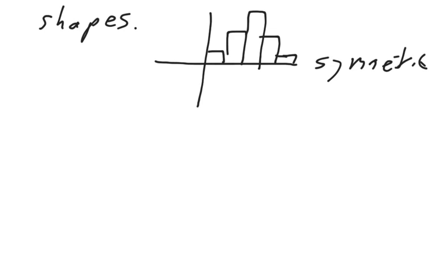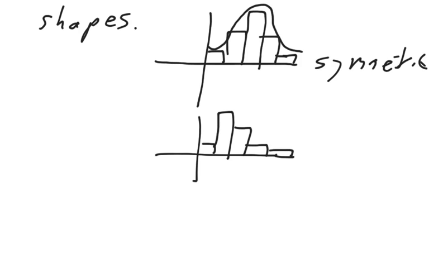Alright, we're going to take a brief time out to talk about the main 3 shapes we talk about in statistics. There are other shapes, but the big 3 are symmetric. Well, this one, if I try to draw a curve, looks the same on each side. You fold it over and it's about the same. Nothing ever in statistics is perfect, so we would say this is approximately symmetric. The second shape, if I have a histogram that goes up and then tails off to the right, is called skewed right.